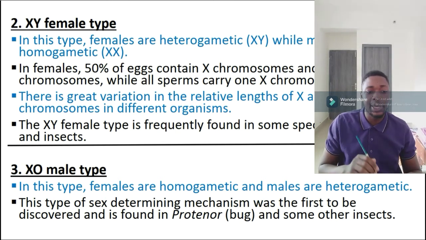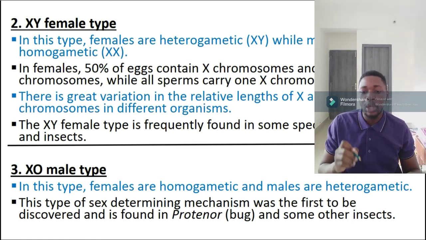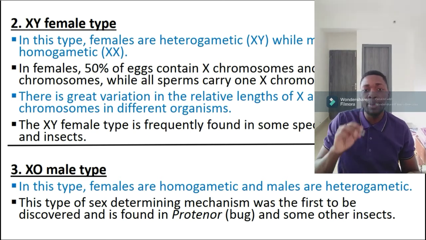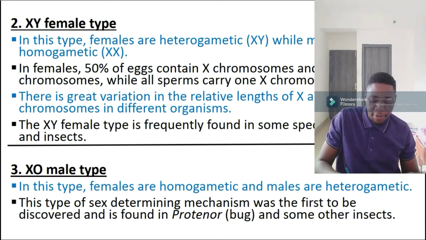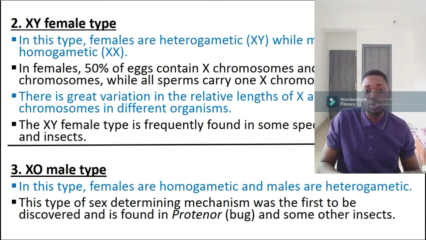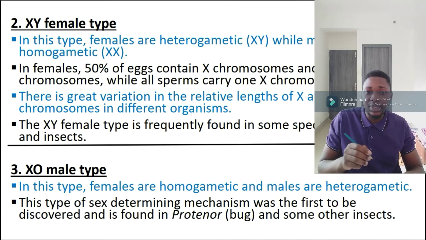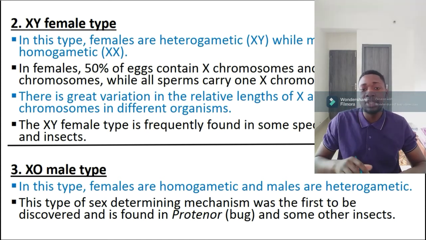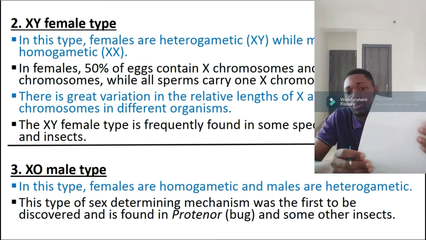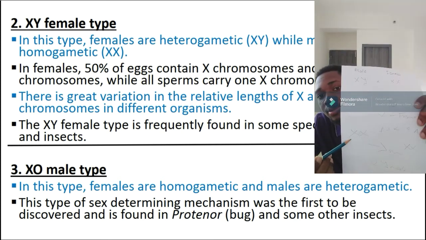So XY female type, in this type females are heterogametic XY, while males are homogametic. When we say homogametic, homo means 2, so we are simply saying we will be having 2 X chromosomes, which are homogametic. So in birds and fish and insects, the males are shown by the XX homogametic chromosomes.